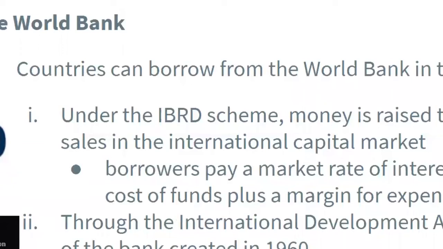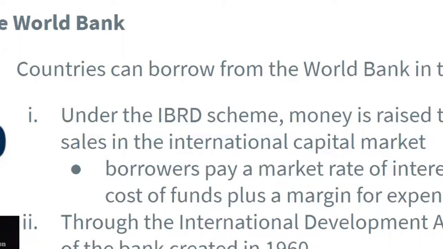The first is under the IBRD scheme, where the money is raised through bond sales in the international capital market. So the borrowers pay a market rate of interest, which is the bank's cost of funds plus a margin for expense.